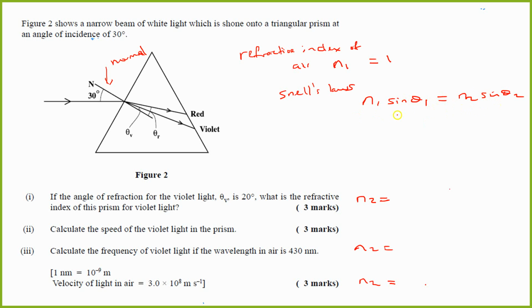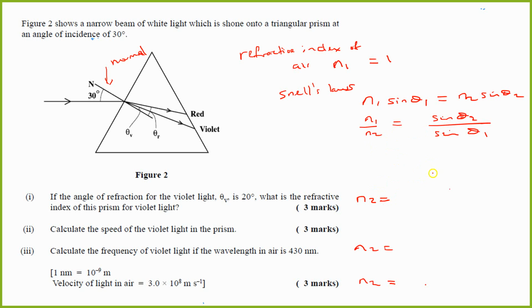If we transpose now, we can see that n1 divided by n2 is equal to sine theta 2 divided by sine theta 1. So this is the correct formula.